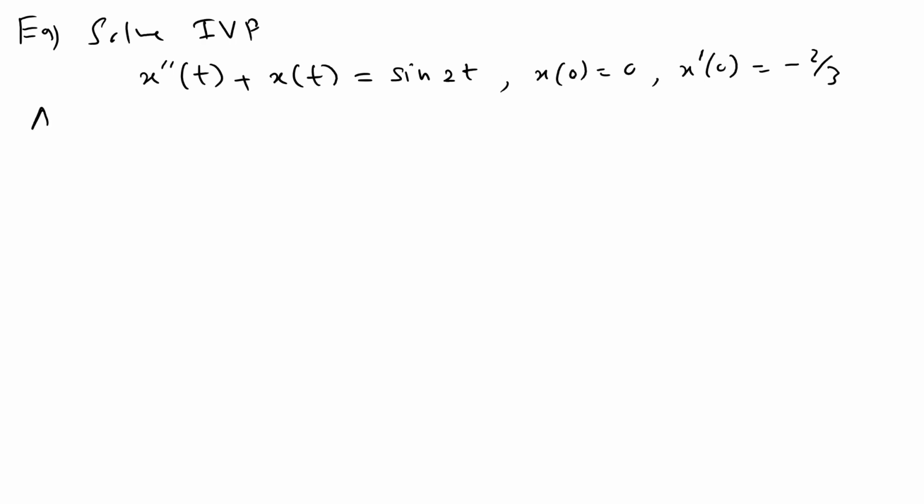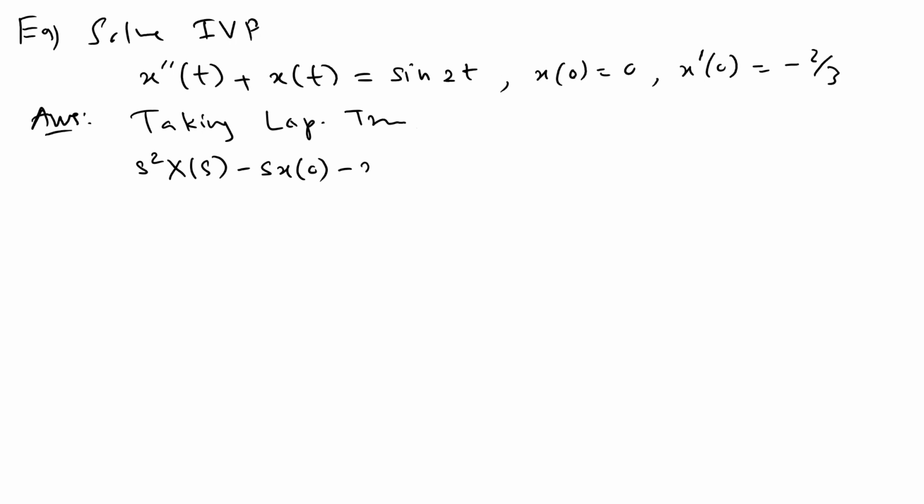So the answer: what you do, taking the Laplace transform, we have s squared X(s) minus s x(0) minus x prime(0) plus X(s) equals, this is sine, so sine means 2 over s squared plus 2 squared, which is 4.